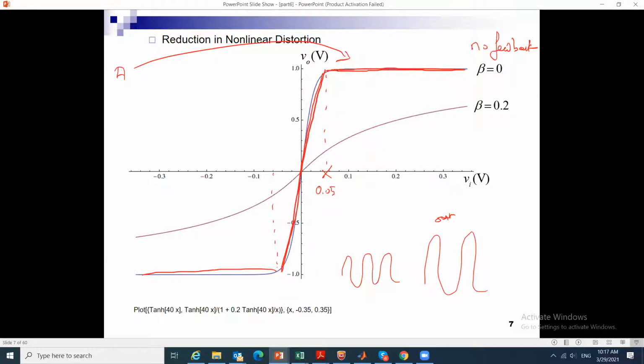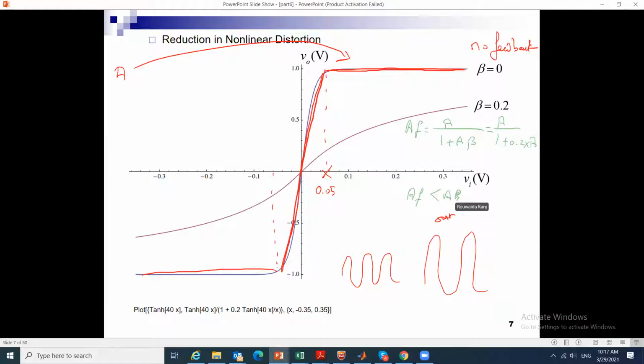Then for AF, what is happening? It is equal to A over 1 plus A beta. So it is equal to A over 1 plus 0.2 times A in this example. So AF is smaller than A, right?